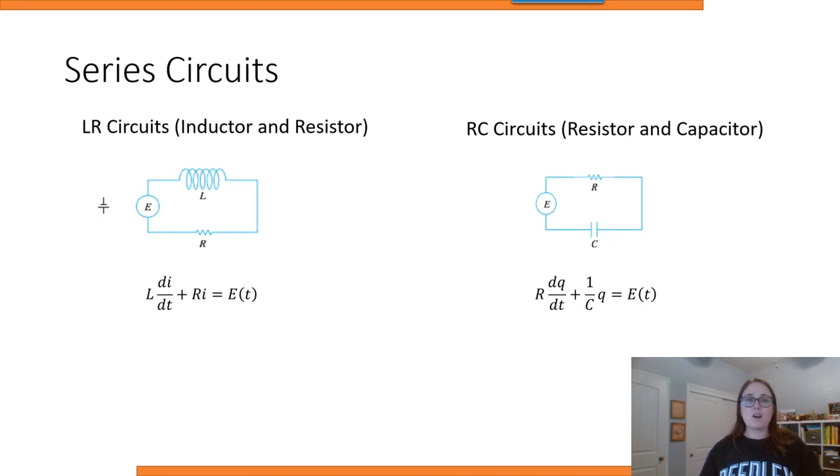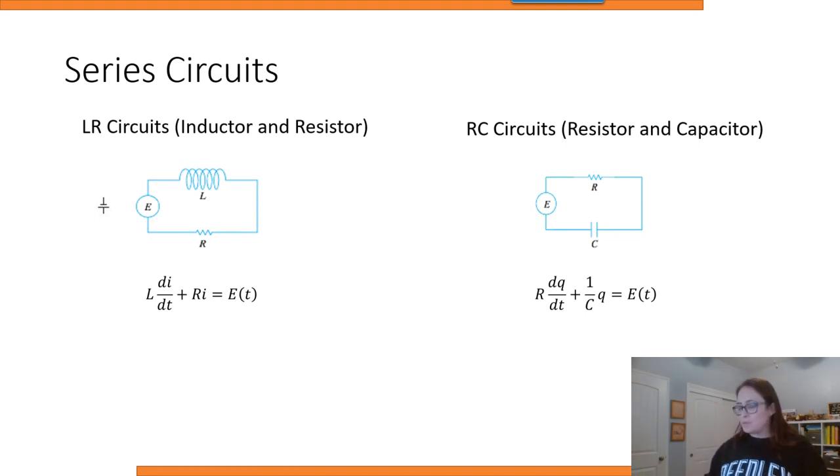Okay, so for an LR circuit, we have this relationship: L times di/dt, where i is the current, plus the resistance times the current equals E of t. A nice linear first order differential equation that we can solve if we've got all the values to plug in. For an RC circuit, the resistance times dq/dt, the derivative of your charge, or the change in charge over time, plus 1 over C, the capacitance, times the charge, equals E of t.